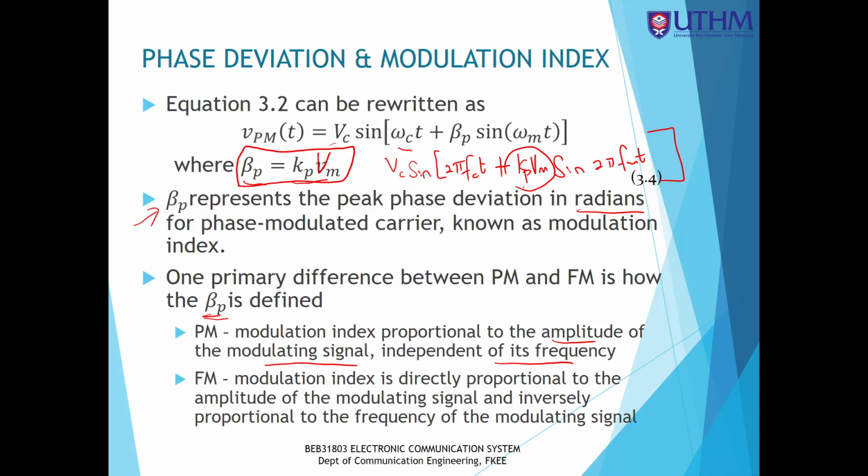Regardless of the input message frequency, beta P does not change. It only depends on the peak amplitude of the input message. You're going to see later what happens to beta F for the FM.